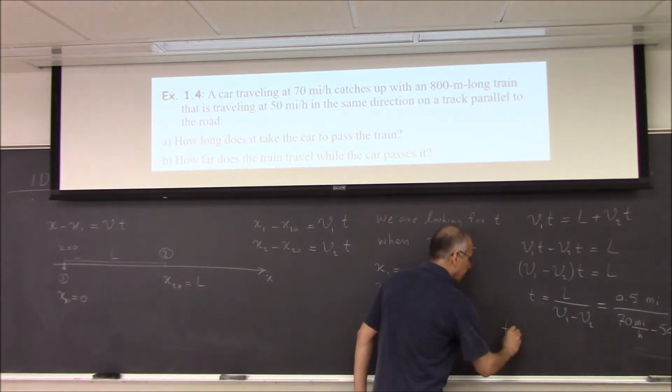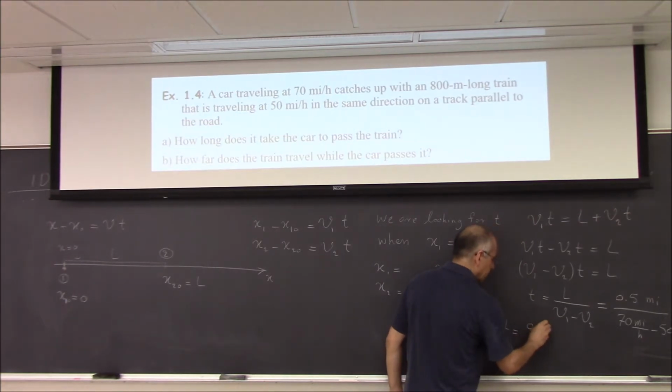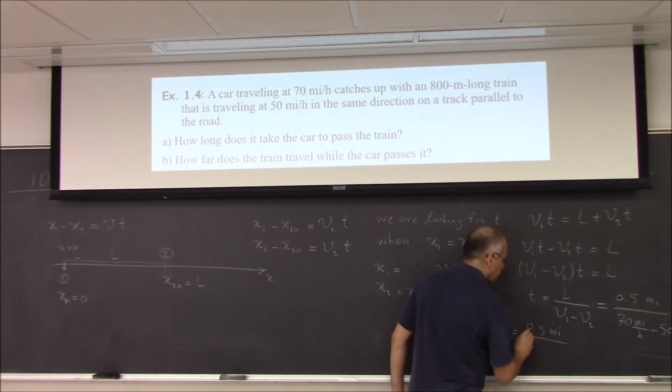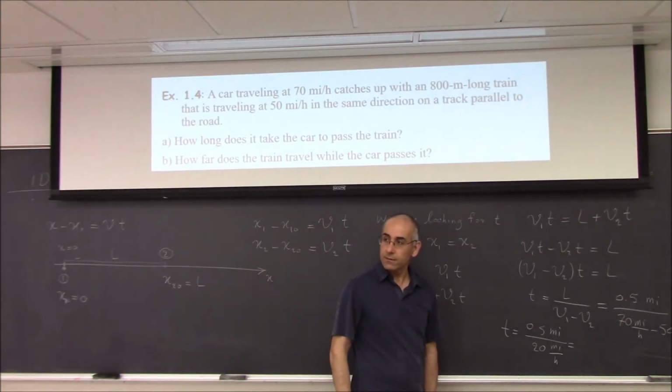So t is half a mile divided by 20 miles per hour. That will be 1/40th of an hour, right?